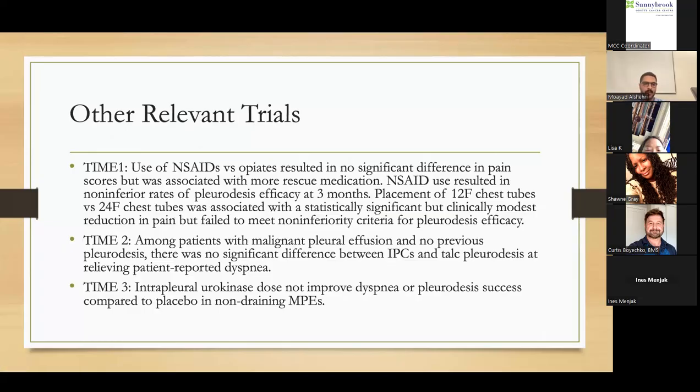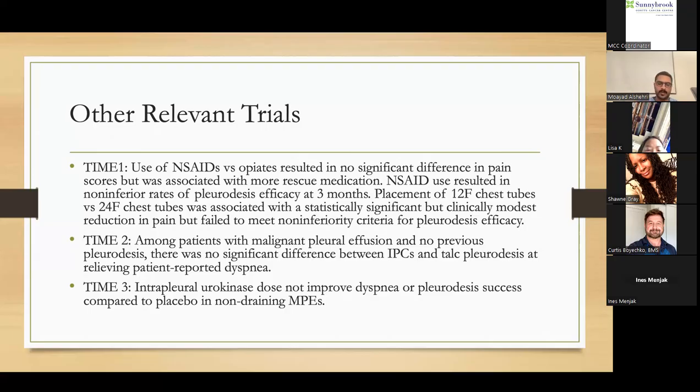Just quickly, because we mentioned the TIME1, TIME2, TIME3 cohorts in the previous trial. In TIME1, they looked at NSAIDs versus opioids to see if it would affect pleurodesis efficacy at 3 months, and they didn't find any effect of NSAIDs on pleurodesis. In TIME2, among patients with malignant pleural effusion and no previous pleurodesis, there was no significant difference between an indwelling pleural catheter and talc.